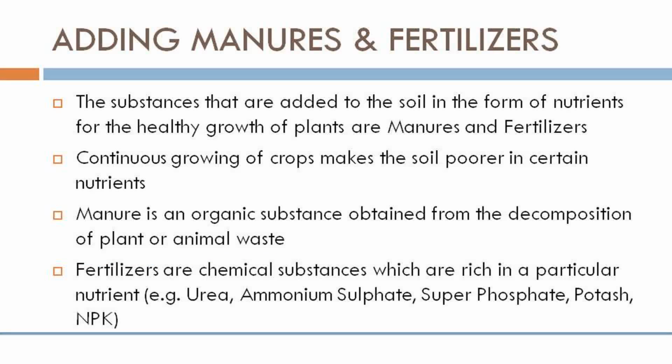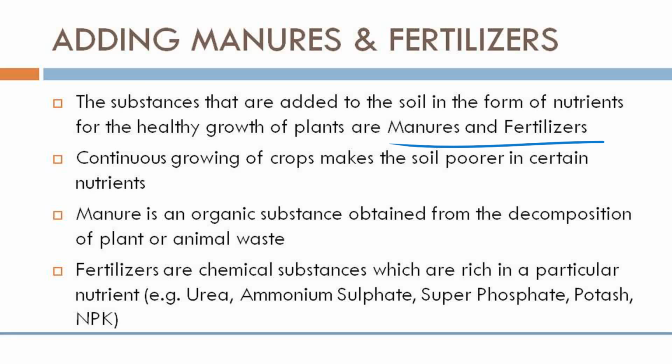The manures and fertilizers are then needed for the proper growth of the plants and are added to the soil. The substances that are added to the soil in the form of nutrients for the healthy growth of plants are known as manures and fertilizers. Continuous growing of crops makes the soil poorer in certain nutrients, and this is the reason why manures and fertilizers are needed.